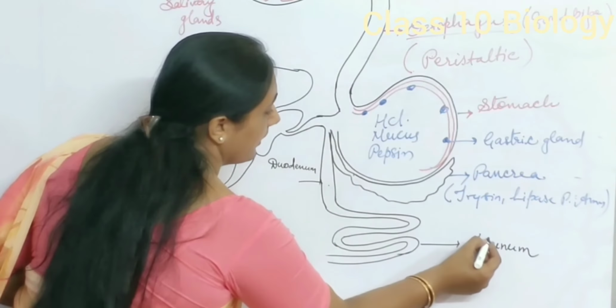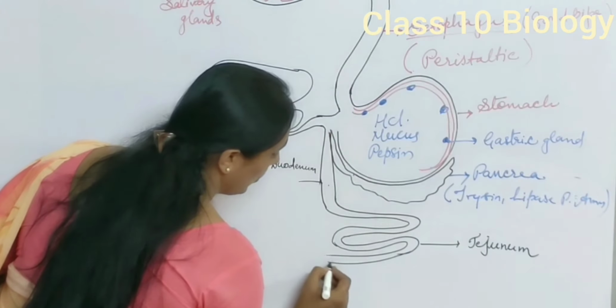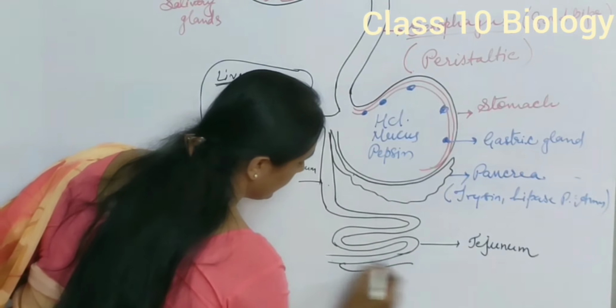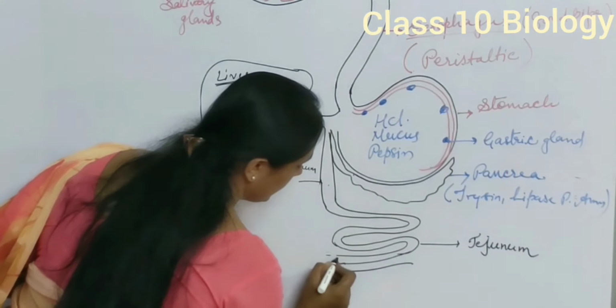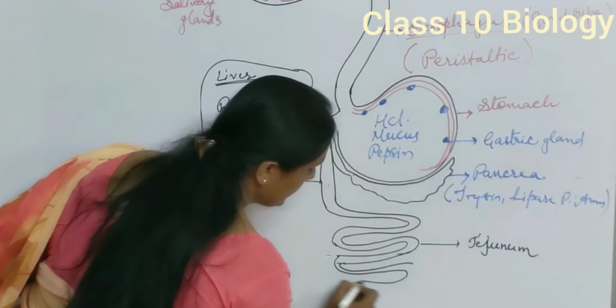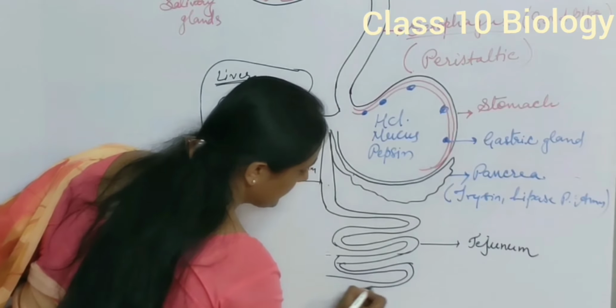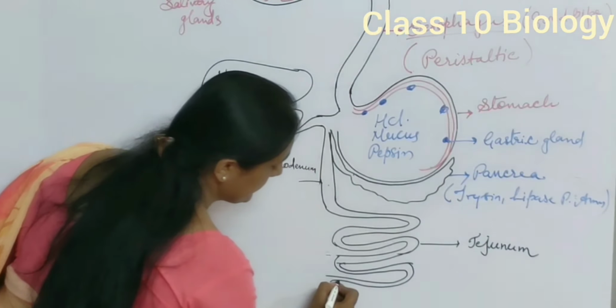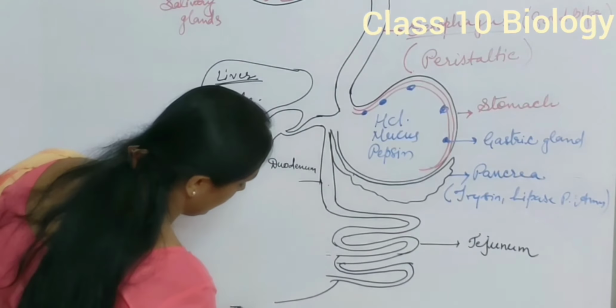Clear? Now this jejunum opens in a narrow tubular structure which is called the ileum. This region is called the ileum.